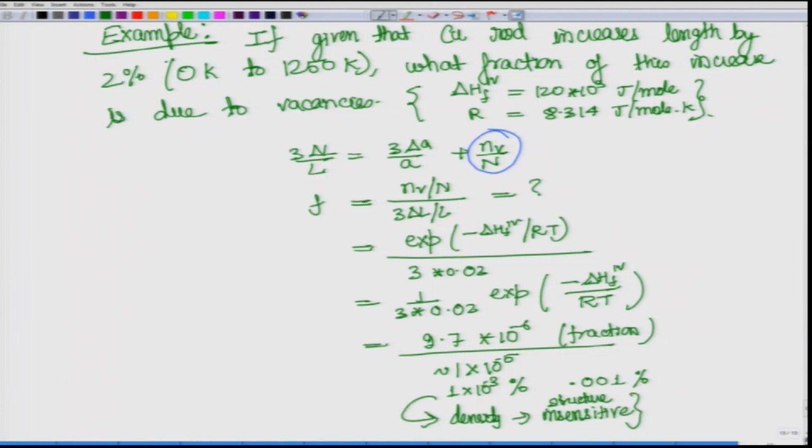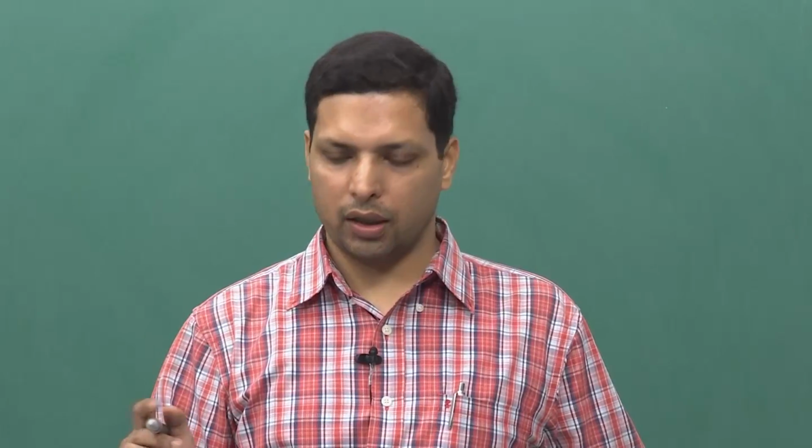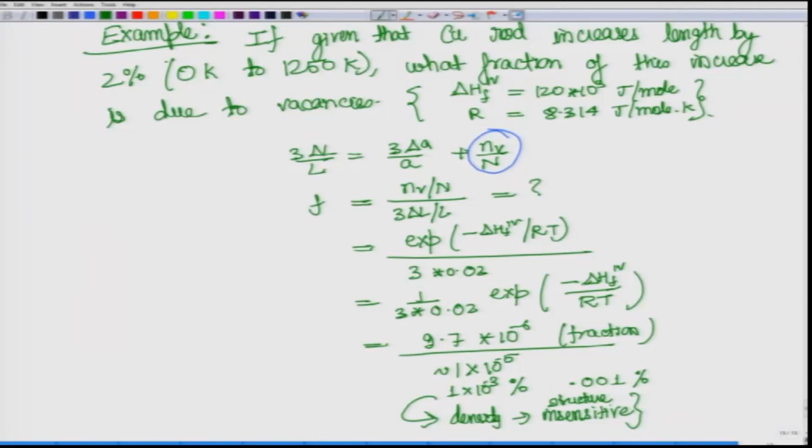So, this example serves two purposes. It helps you understand how this method of thermal expansion can be used to find n V by n, and it also shows that the total contribution of n V by n to the expansion is very minuscule, and therefore, we can term density as a structure insensitive parameter.